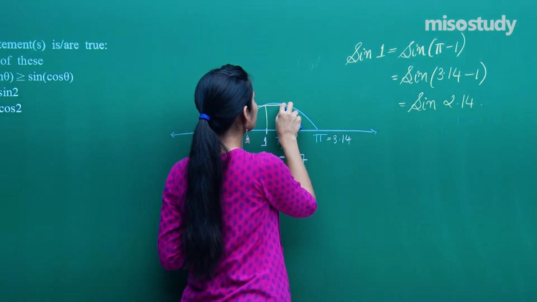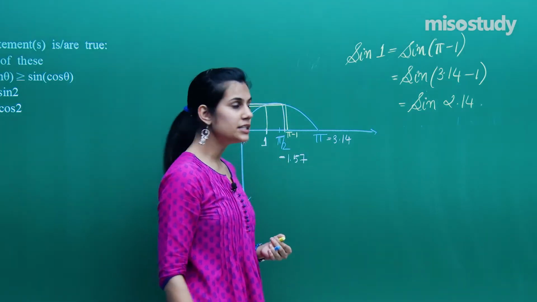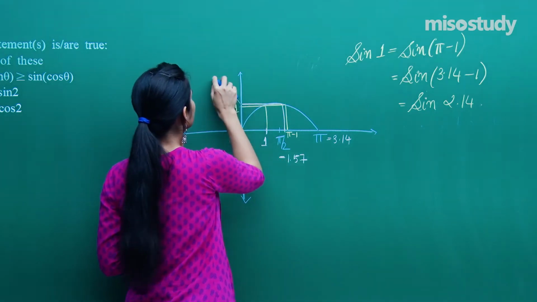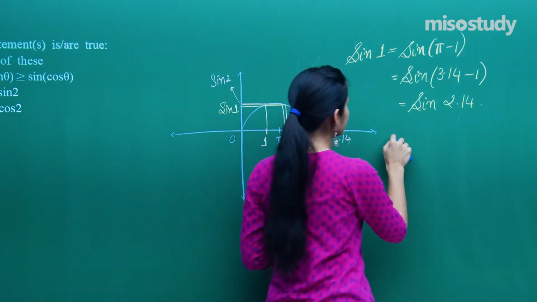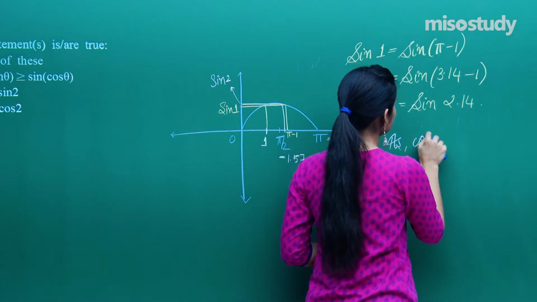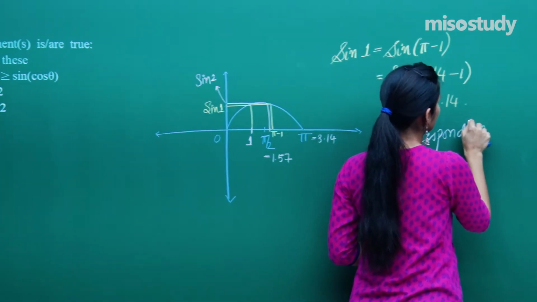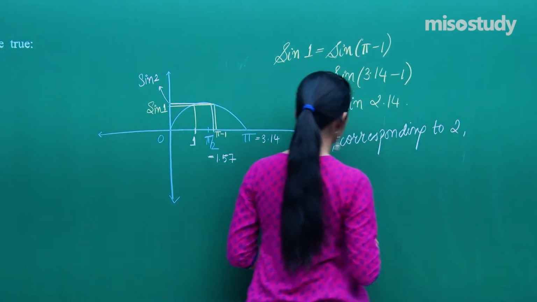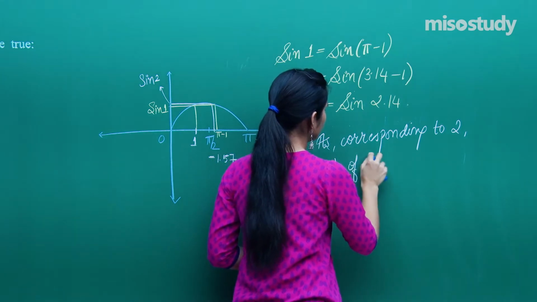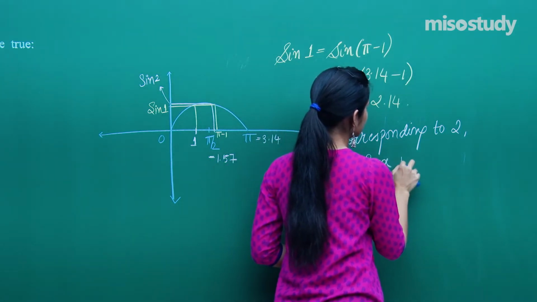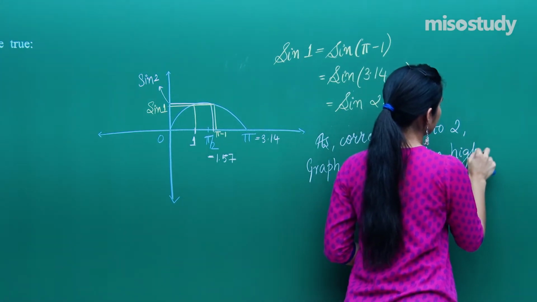So here somewhere is 2. Definitely corresponding to 2, the graph of the function is at a higher point, and therefore this is your sine 2.